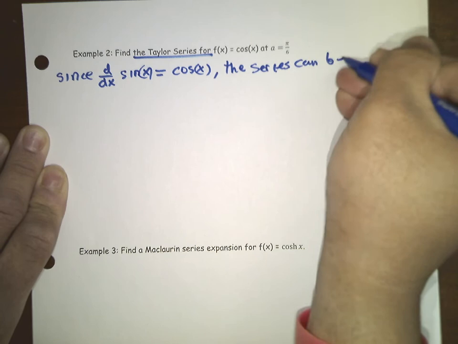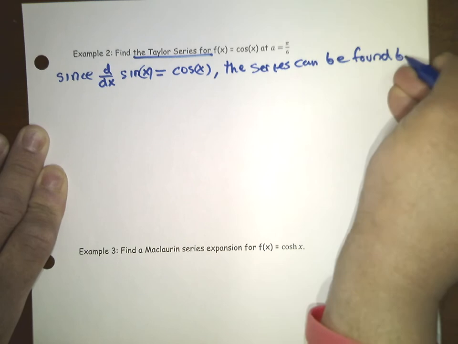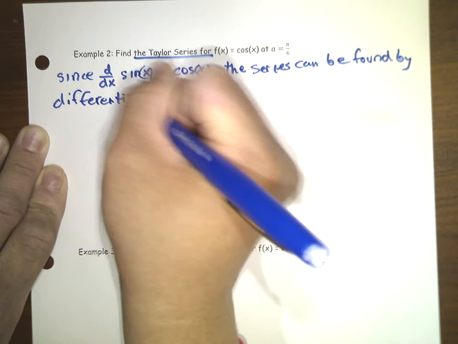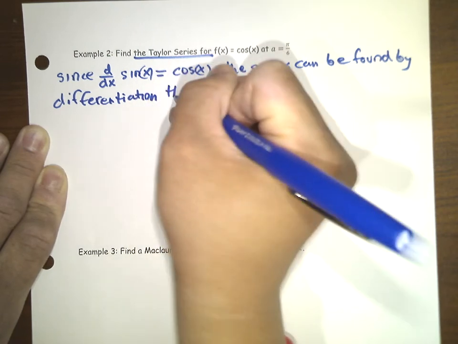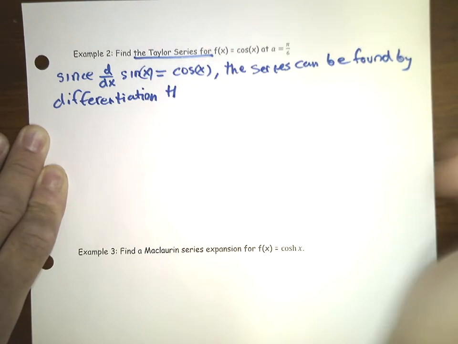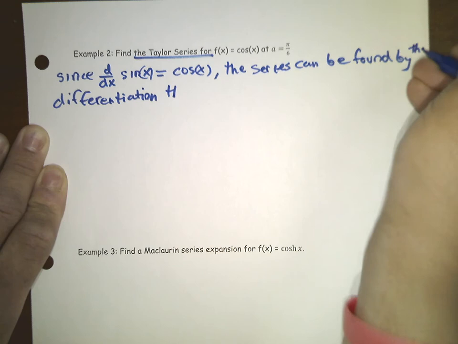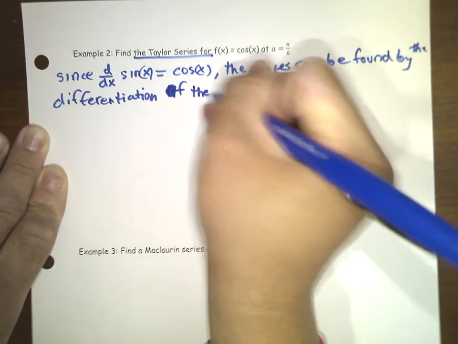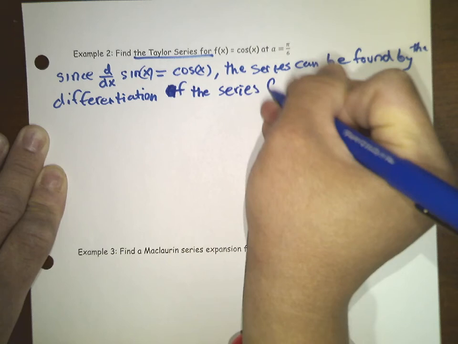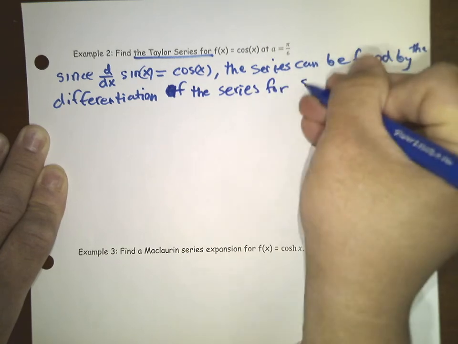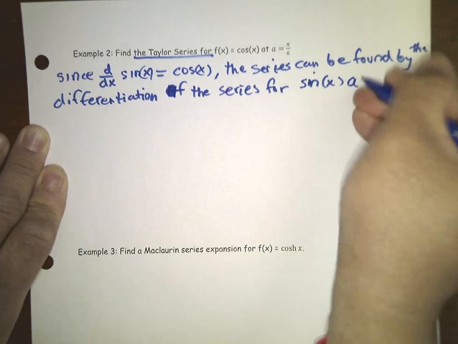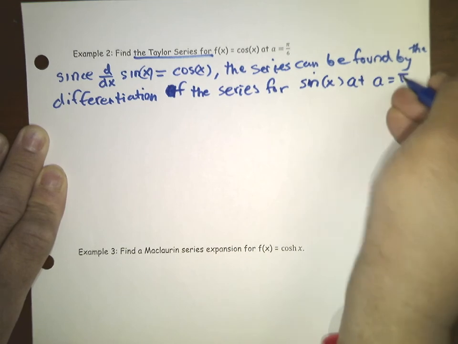can be found by differentiating the series for sine of x at a equals pi over 6.